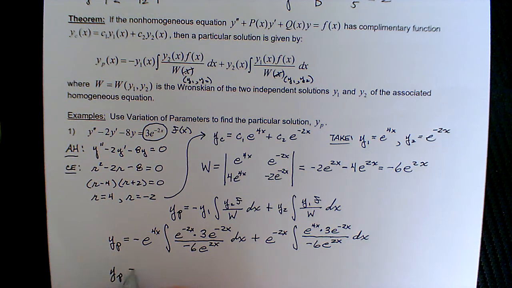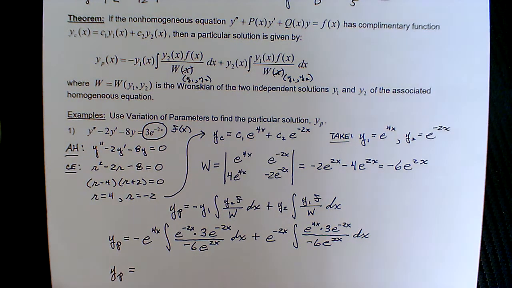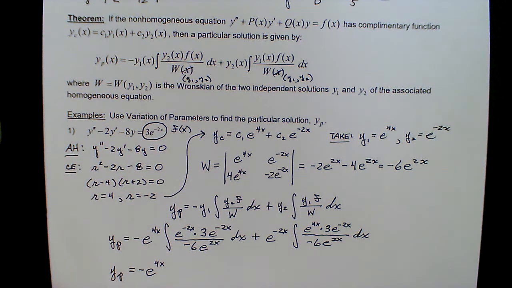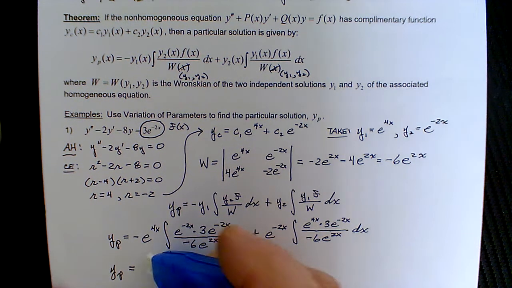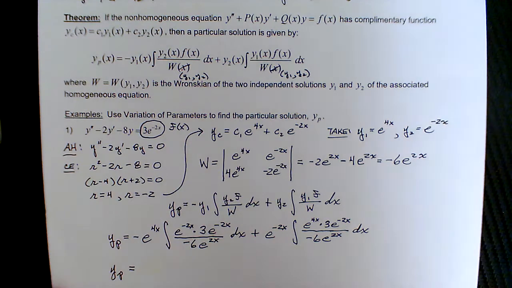Alright, so certainly it's going to make sense to clean things up here. We've got the negative e to the 4x that's going to hang out in front. Let's clean the integral up, factor out the constant multiples here. So the 3 over the negative 6 is negative 1/2 times this negative is positive 1/2.